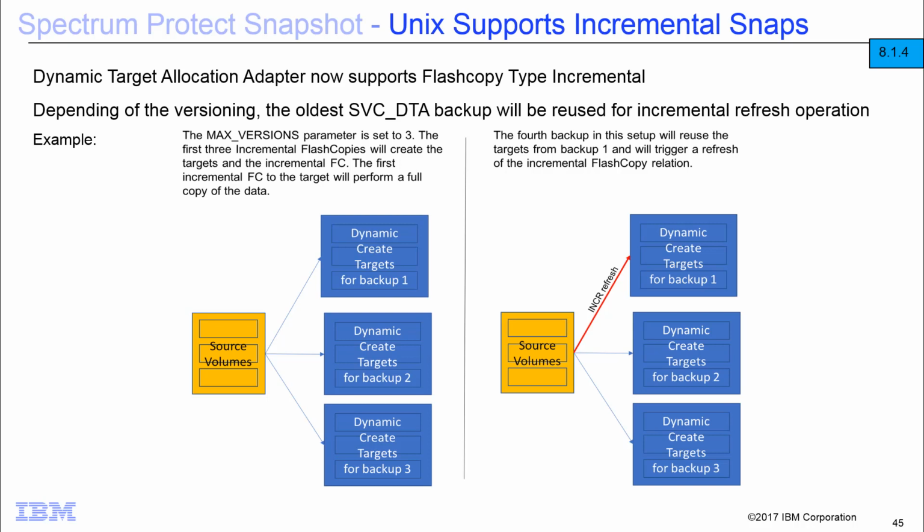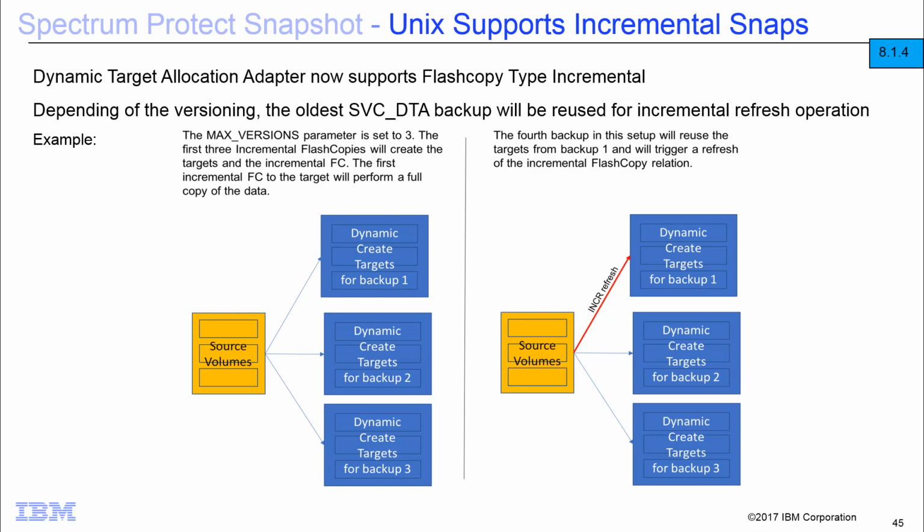Now, the way this works is, depending on the max versions parameter in your configuration, the DTA will create full copies of the data for that max versions number, and then start reusing the targets from the initial backup when it reaches that max version setting.